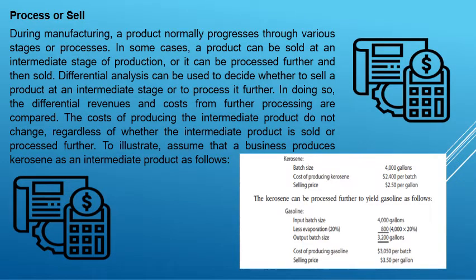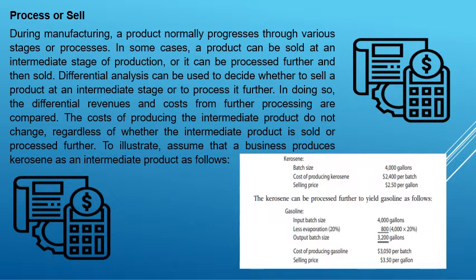So this analysis can also be used if the company will process or sell the product. During manufacturing, a product normally progresses through various stages or processes. In some cases, a product can be sold at an immediate stage of production, or it can be processed further, then sold.